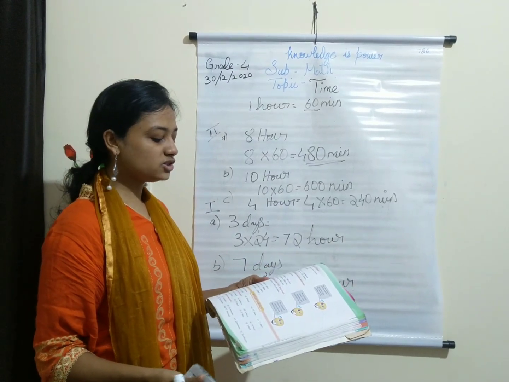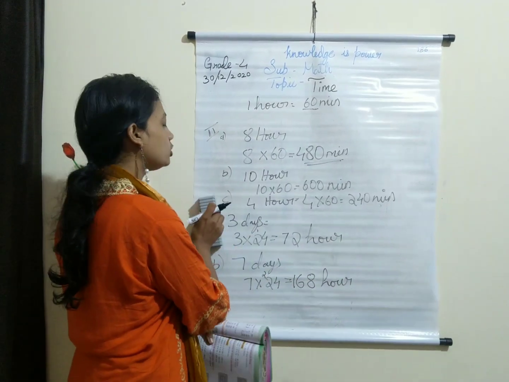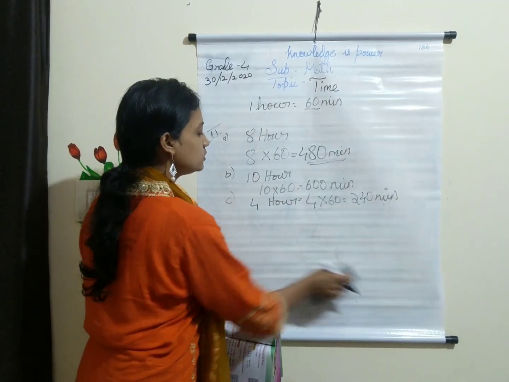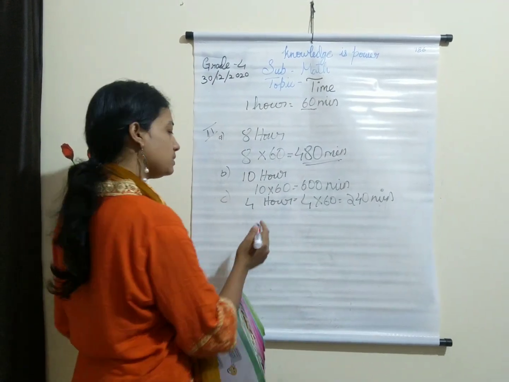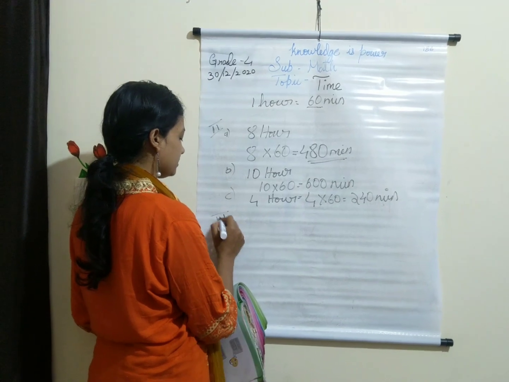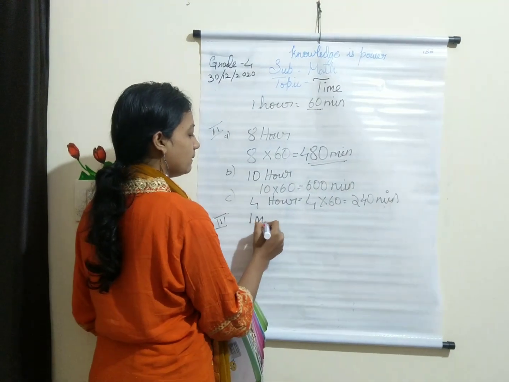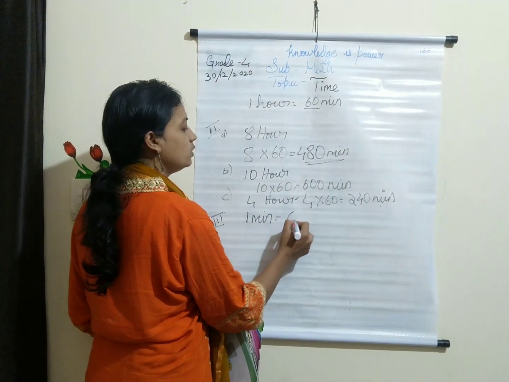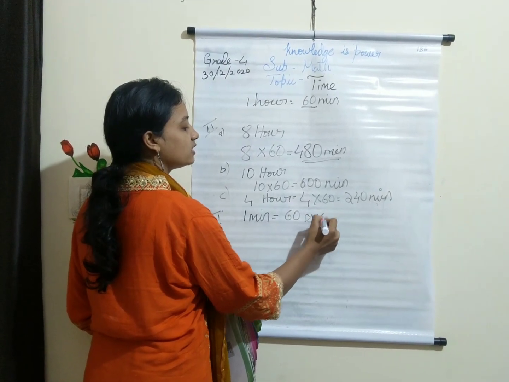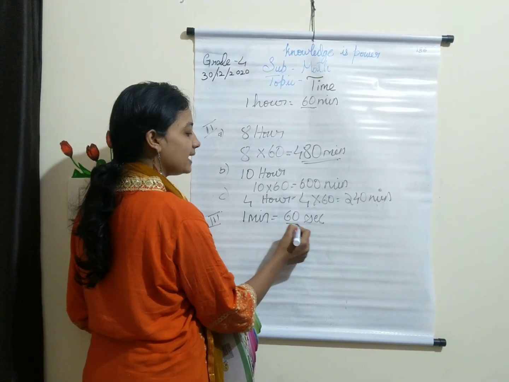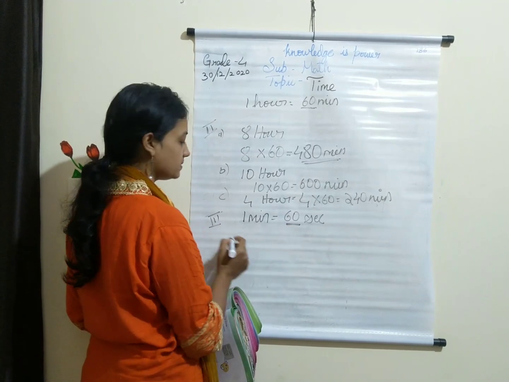Convert minutes into seconds. This is also very simple, children. First, you should know the relationship between minutes and seconds. You all know 1 minute is equal to 60 seconds. So again, you should multiply the number with 60.